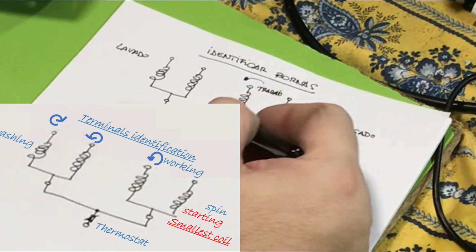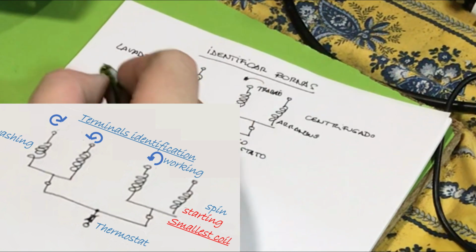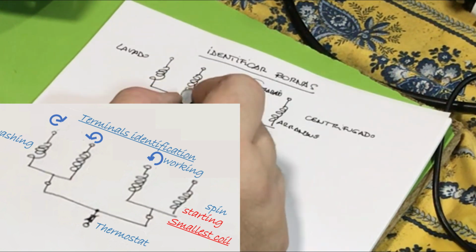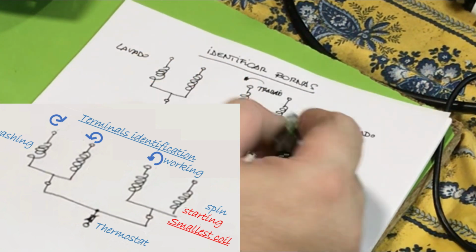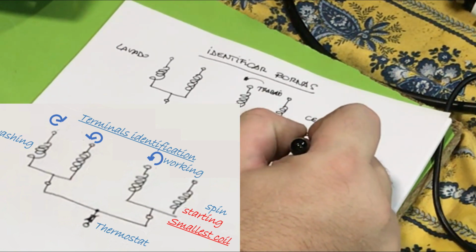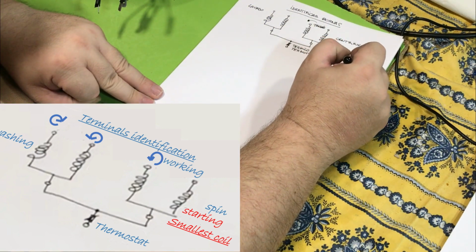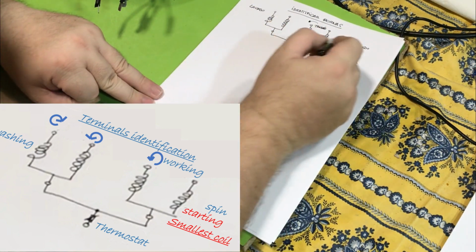So if we look at the windings of the motor, inside, we will see that the winding for the starting in spin is smaller than the other coils. Indeed, this is the smallest one.